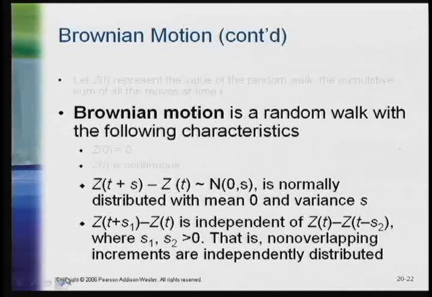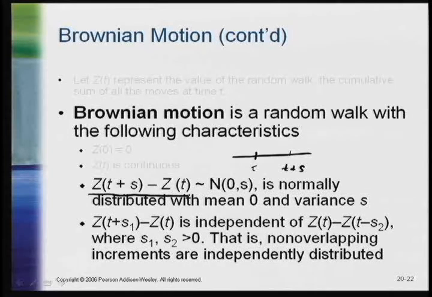A couple of other properties of Brownian motion are that if I look at any interval of time from t to t plus s, the change in this process is a random variable, normally distributed, and it has a mean of 0. No matter what interval I look at, the average change of z is 0, and the variance of those changes is the length of the interval.